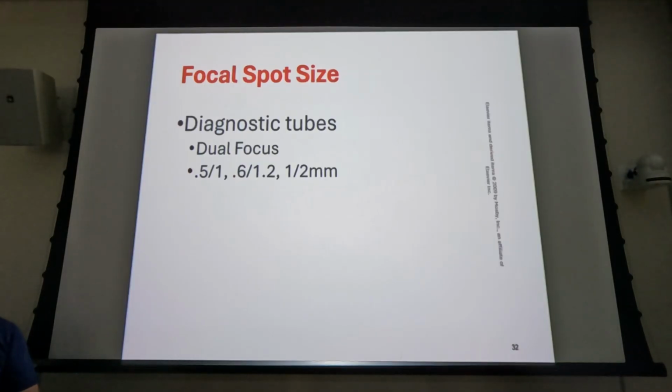So if the machine will allow you to make the exposure, there should be no difference in exposure between large and small focal spot. It should be identical. Okay? If the machine won't allow you to make an exposure because you selected 400 mA on a small focal spot, or you selected a big exposure on a small focal spot, then you don't get an exposure, right?